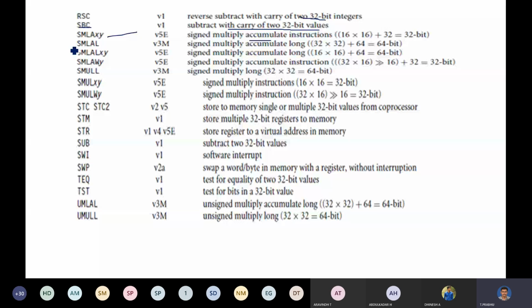SWP is swap a word in memory with the register without interruption. Okay. So TEQ is a test for equality of 32-bit values, and TST is a test for bits in a 32-bit value. So here the unsigned multiply accumulate long, which is 32-bit, and unsigned multiply long, which is having 64-bit.